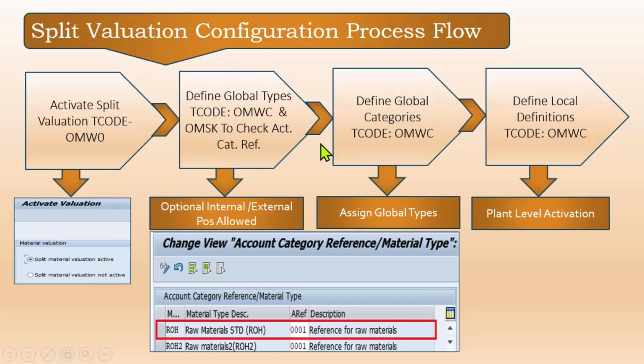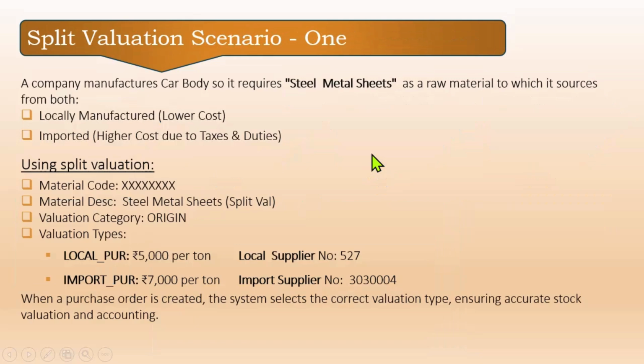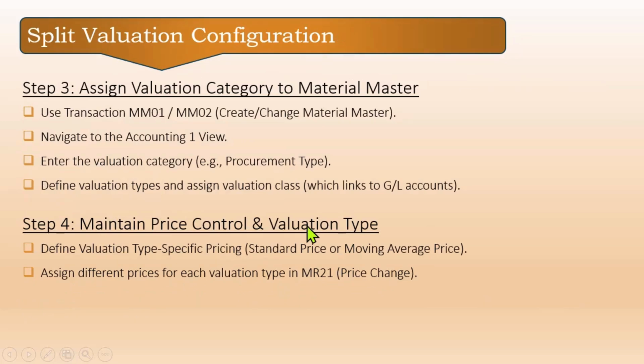Then this is a sample, scenario 1. We have taken this as a sample. We have done this part also. Using the transaction code MM01, we created the material. We allocated 2 different prices, one for the local supplier, one for the foreign supplier.